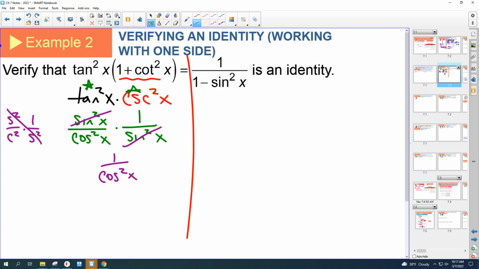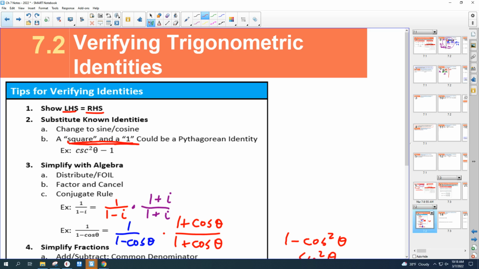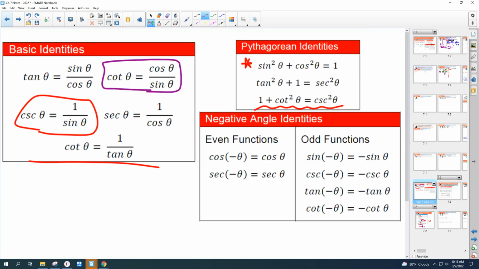But we can kind of see this because over on this side, we've got a 1 and a square. That's something you should be looking for. A 1 and a square reminds me of this one. I've got sine squared plus cosine squared equals 1. And this was, what was it? 1 minus sine squared. Can we make that puzzle piece fit?